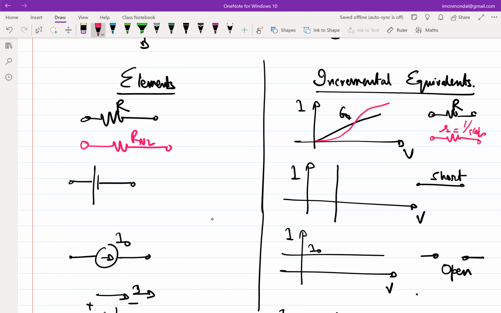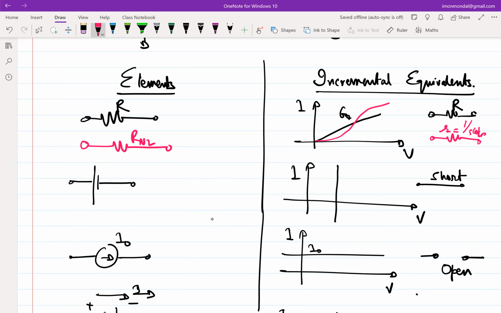So this we already know, but at its core, what does a nonlinear resistor mean? Another definition of nonlinear resistor can be that the value of the resistance is dependent on the voltage across it, right? If the value of the resistance is dependent on the voltage across it, then I can say that the IV characteristics is nonlinear.